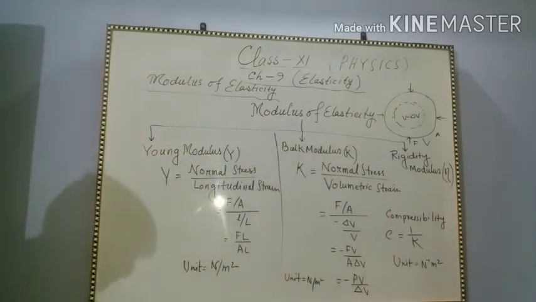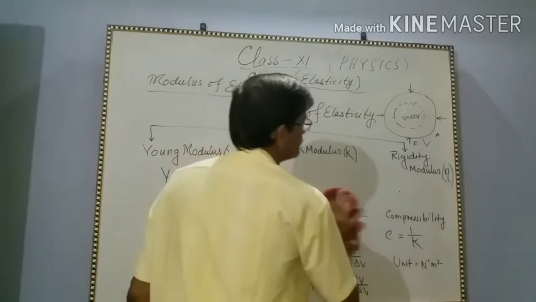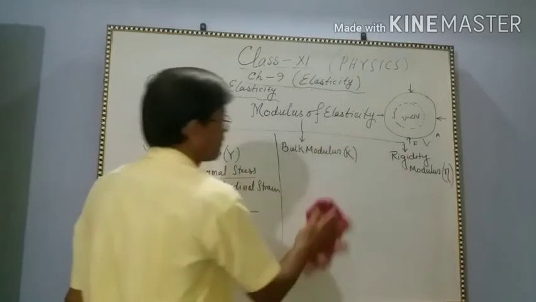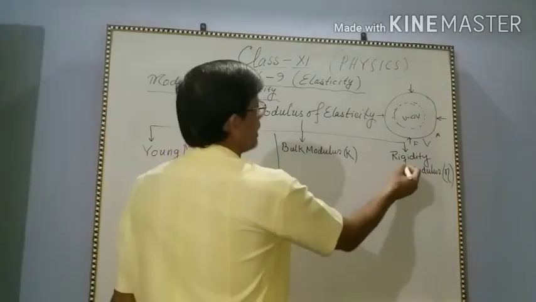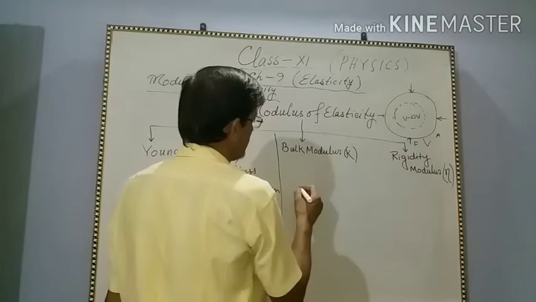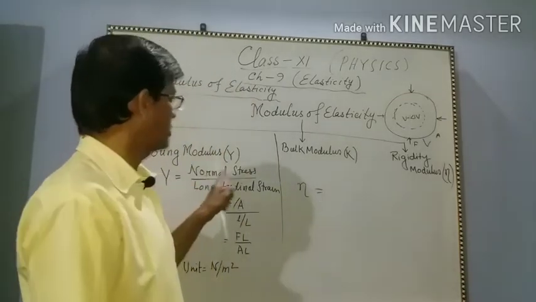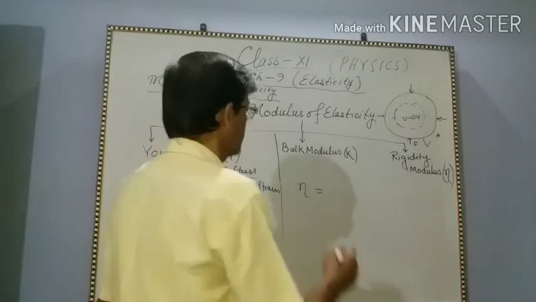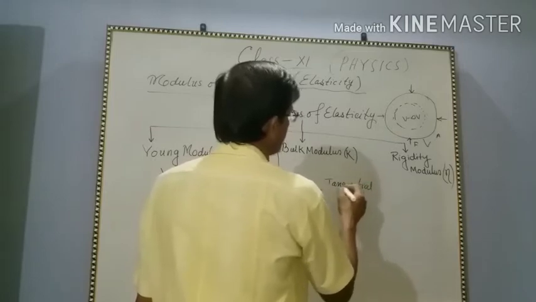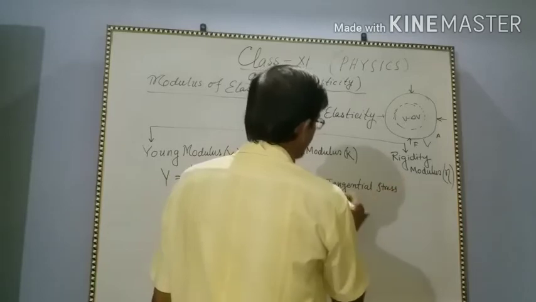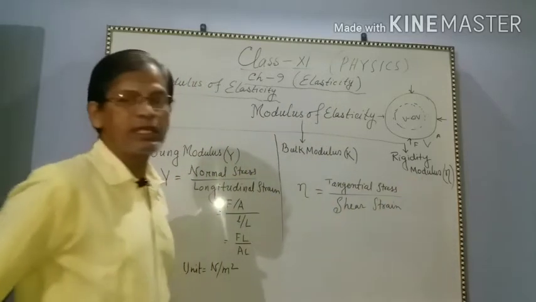Rigidity modulus: eta equal to tangential stress by shear strain. In the previous cases it was normal stress, but here it is tangential stress.